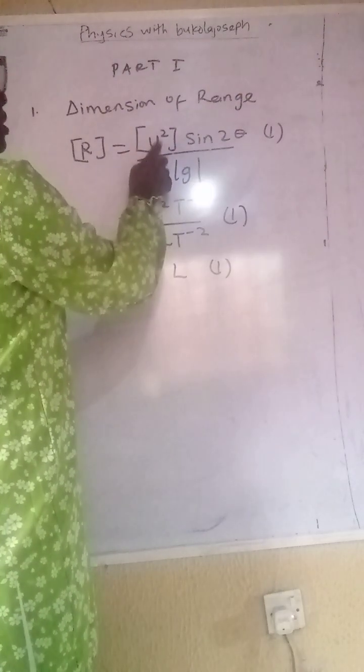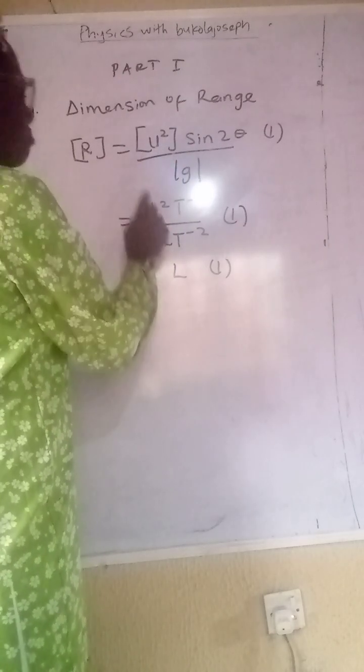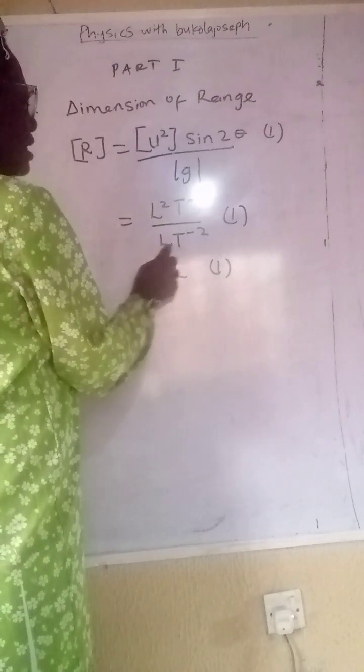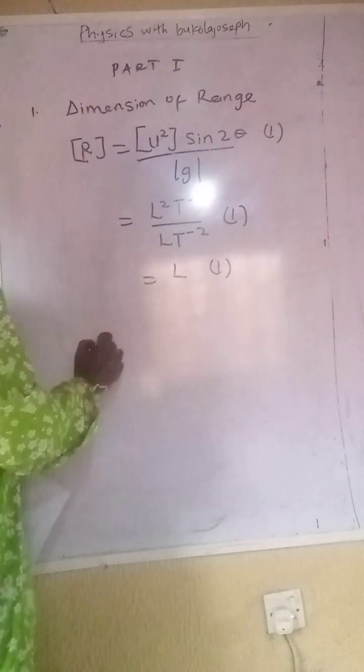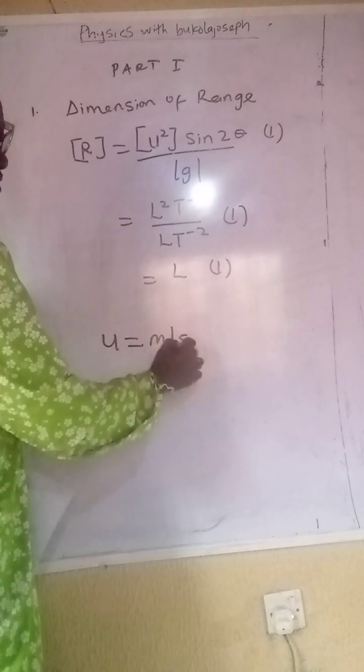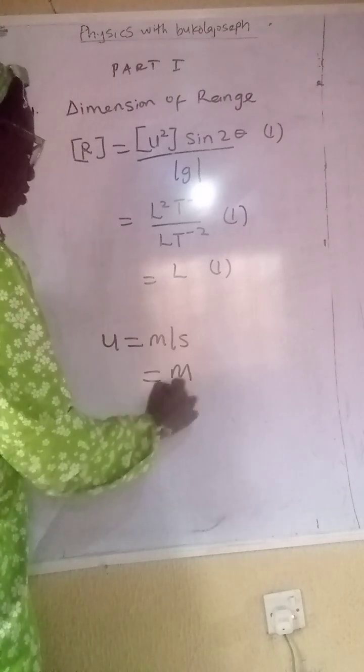This is velocity, initial velocity, and velocity is measured in meter per second. Remember, it's squared. And then this is acceleration due to gravity, measured in meter per second squared. Let me guide you. The unit of velocity is meter per second, the same thing as meter all over second.